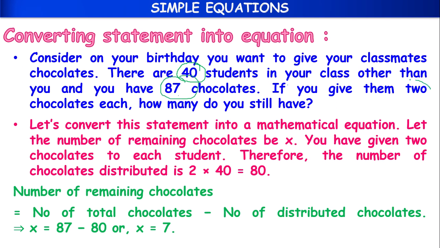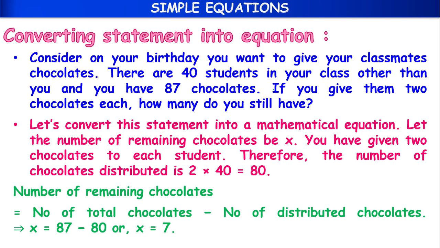If you give 2 chocolates to each, how many chocolates will be left with you? So this is the statement. This statement we are going to write in the form of an equation. So let's convert this statement into a mathematical equation.